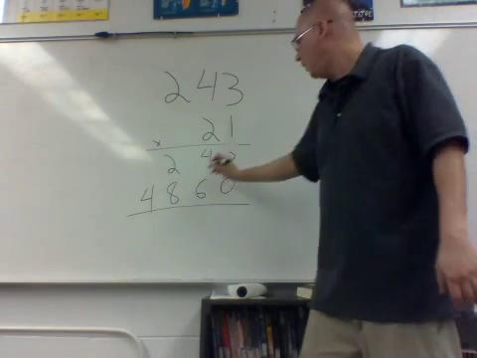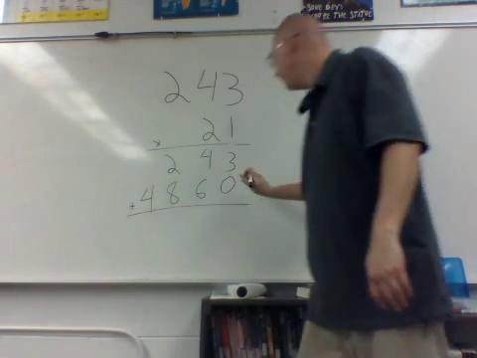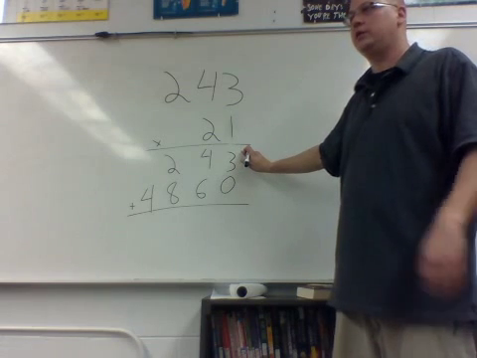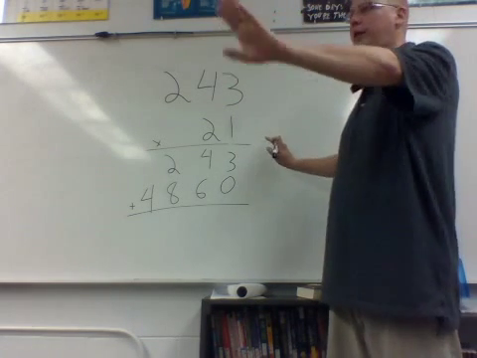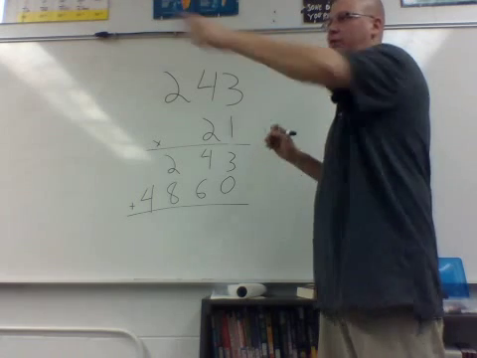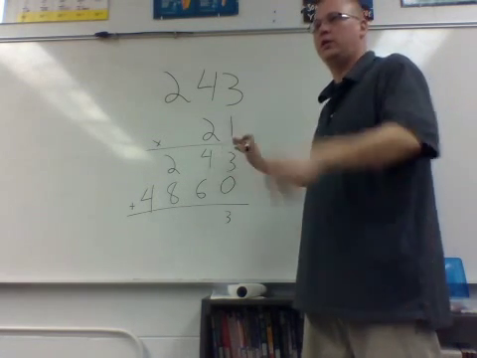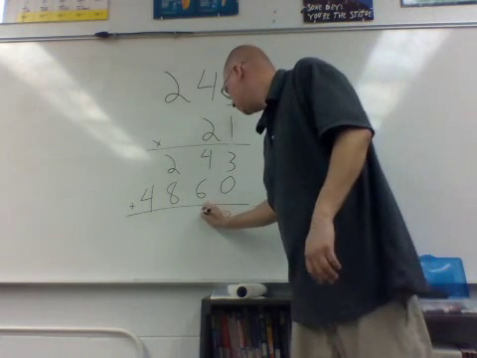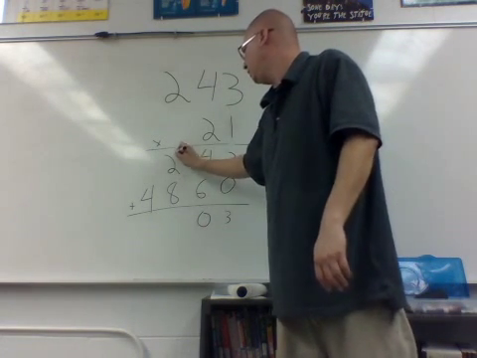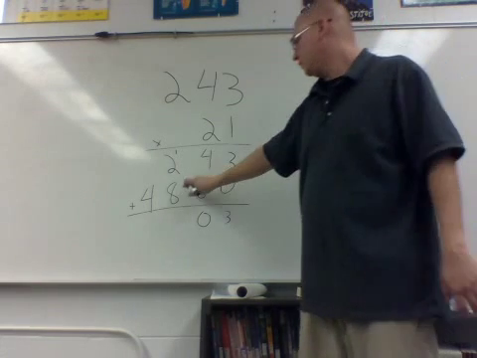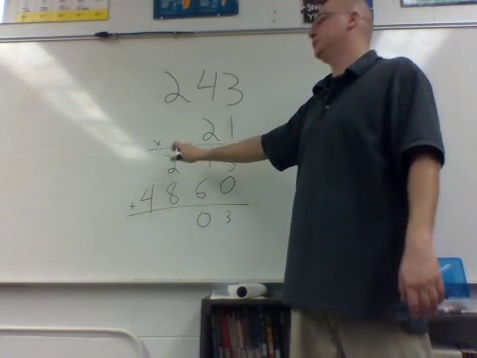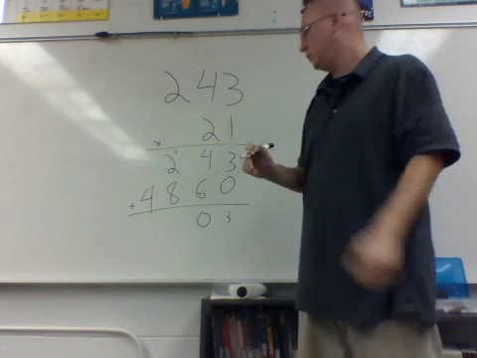So, what is 0 plus 3? Let's make it even easier. 3. 6 plus 4 is 10. Bring down my 0. Carry my 1, right? 8 plus 2 plus 1 is 11.